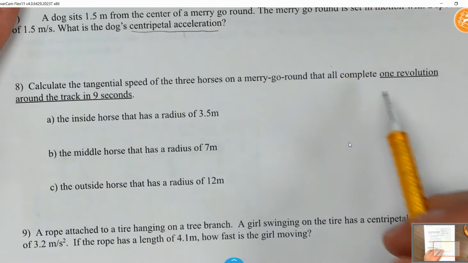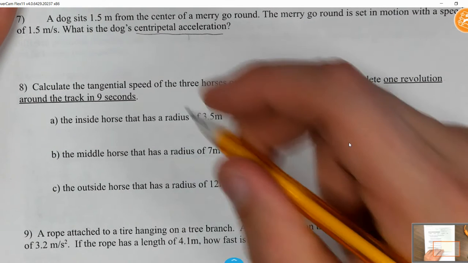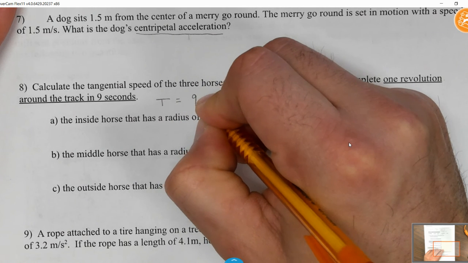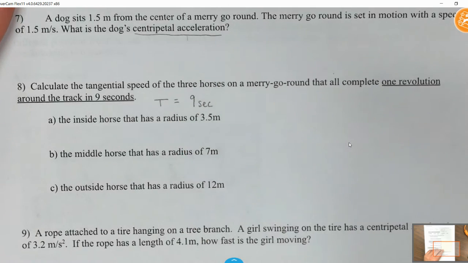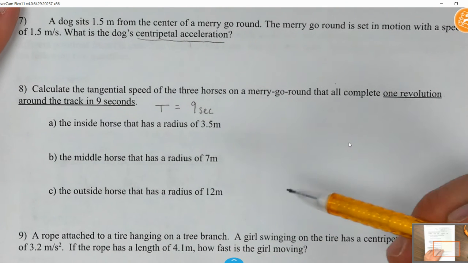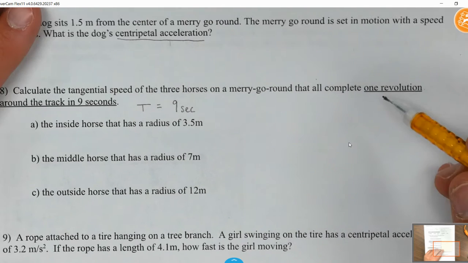So what they actually give us here is a period of 9 seconds. But then some people are like, well, okay, what's the period for the horse on 7 or the horse that's 12 meters?